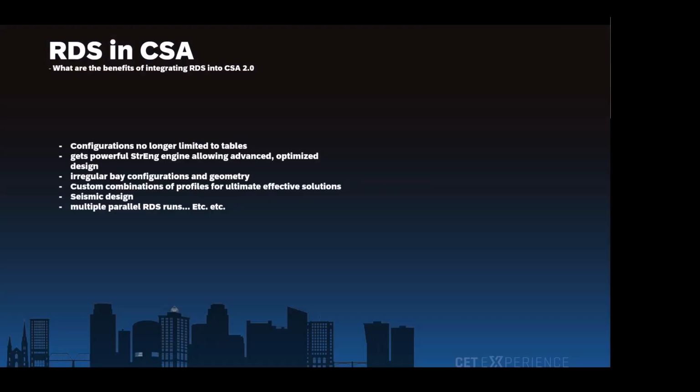And what is the benefit for us to have it now inside CSA, the RDS? The benefit for us is that the configuration is no longer limited to the tables, because after restarting, we have tables to figure out the right configuration.